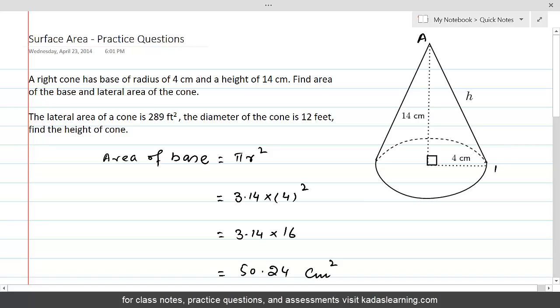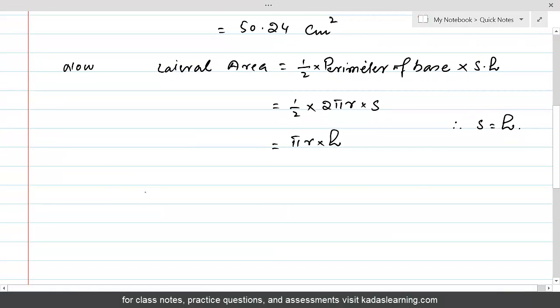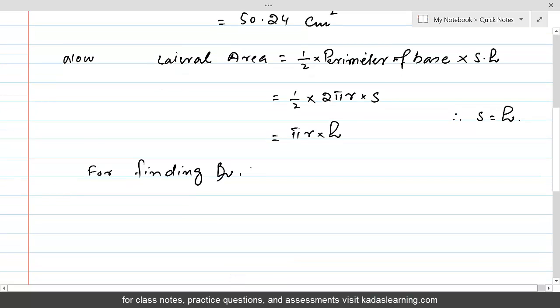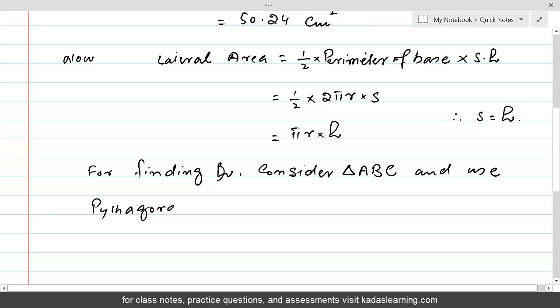In this triangle, this is hypotenuse, this is adjacent, this is opposite, and we will apply Pythagoras Theorem on triangle ABC.